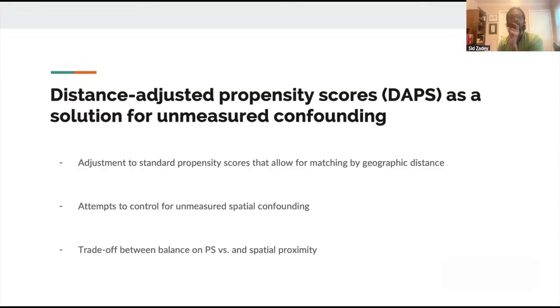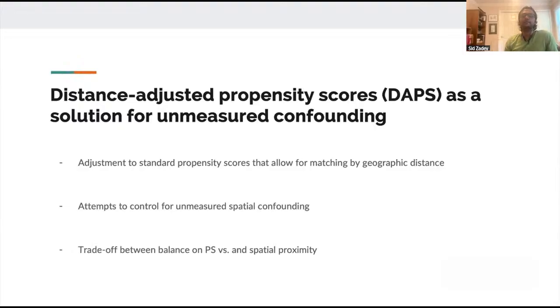Okay. So I'll get into a really short intro of propensity scores, but we use standard propensity scores and match our treatment groups based on the similarity between their propensity scores. But we also use geographic distance to inform these balancing scores. That's the first part of what we are doing here.